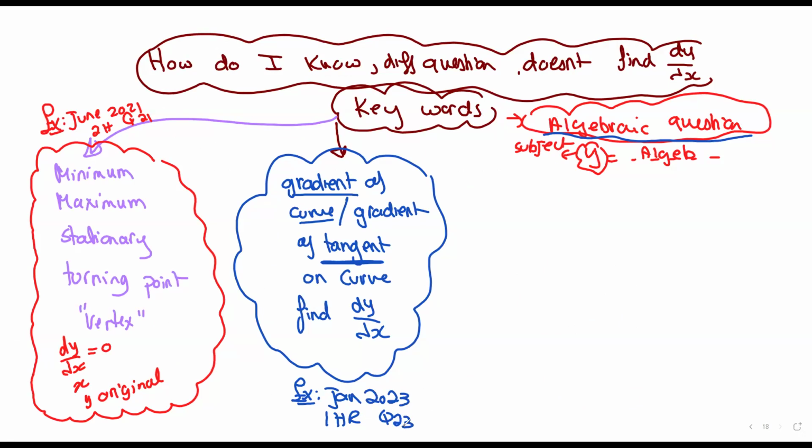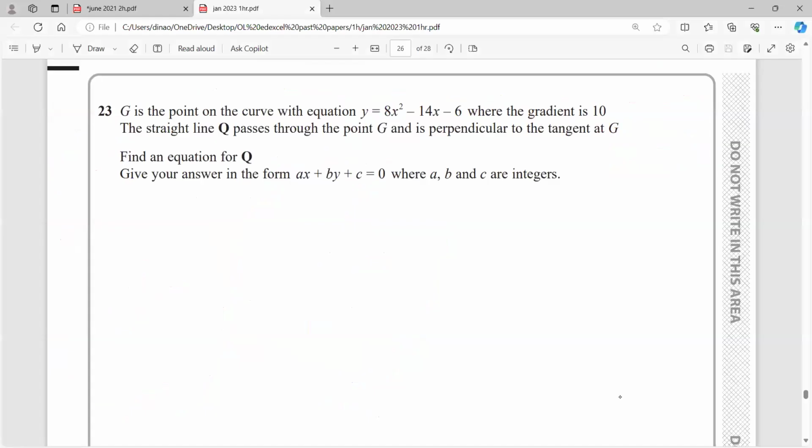Question number 23. Let's look at this question together and see how do I solve this question over here and what is the approach. How do I approach this question?